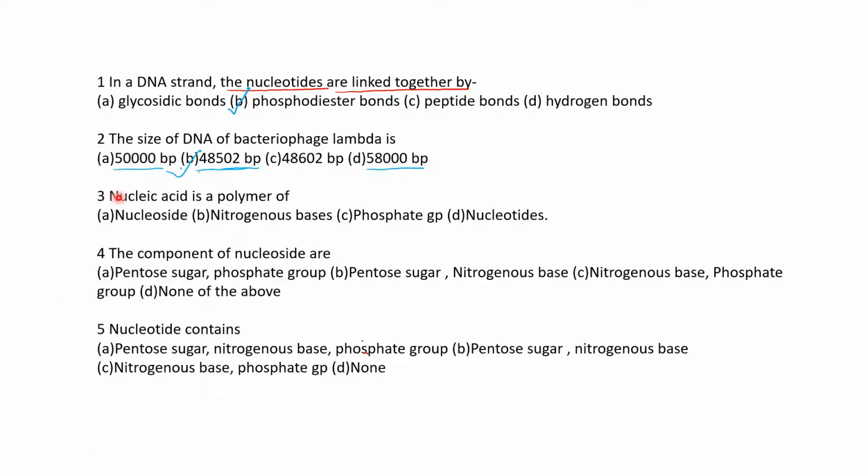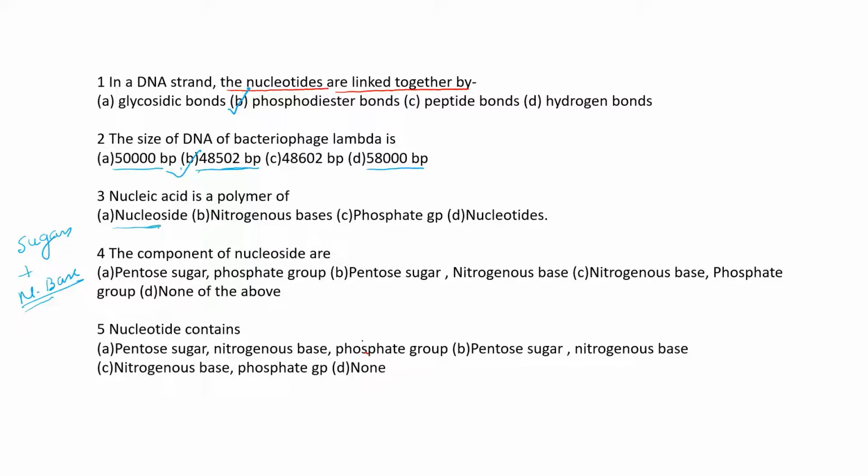The third question says the nucleic acid is a polymer of: option 1, nucleoside. It is formed by the condensation of sugar and nitrogenous base. In the nucleic acid, you know that it contains sugar, nitrogenous base, and phosphate.